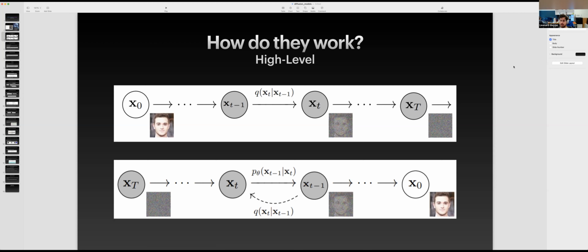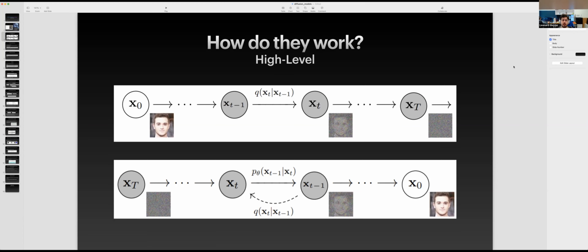With each successive step, more and more Gaussian noise is added until at the end you have basically pure noise. And then in the reverse process, a network is trained to undo this diffusion process. So to start from noise and then sequentially remove noise step by step until at the very end you have an uncorrupted image or vector sample from whatever distribution it is that you are interested in.